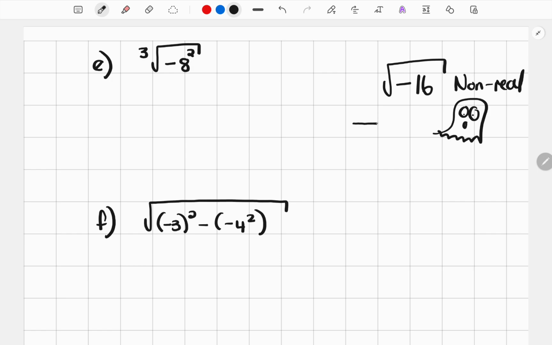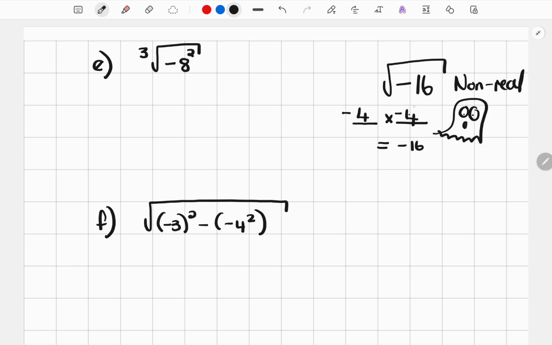So remember, how do you get the answer? You say what times what gives you negative 16. And that what and what must be exactly the same. So if I say 4 times 4, that will give me 16. Not a negative 16. And if I say negative 4 times negative 4, it will give me a positive 16.